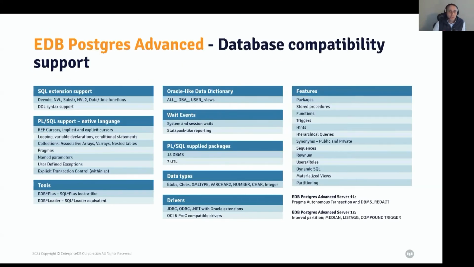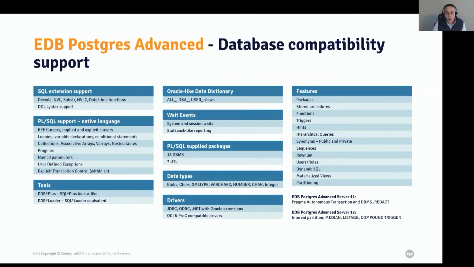And like we mentioned, what makes the Kubernetes operator from EDB unique? Well, if you have an Oracle background or you're migrating an application written for Oracle, you can optionally choose to use Advanced Server. So these aren't just catalog views, although there are those, all DB and user, but advanced features in Advanced Server are some of those, just for example, advanced queuing, Pragma autonomous transactions, interval partitioning, hierarchical queries.